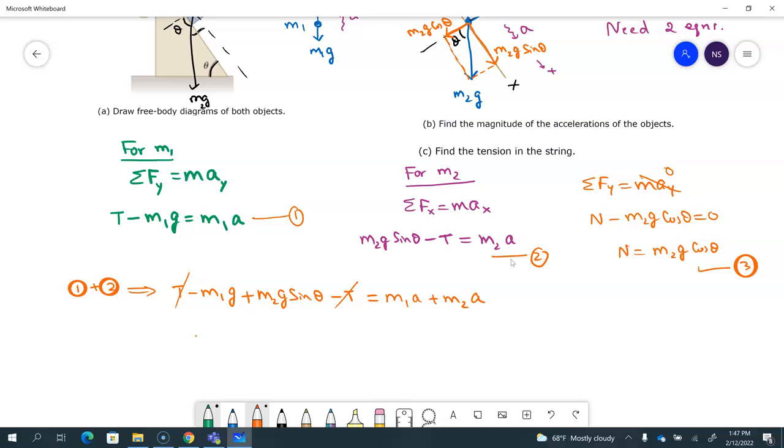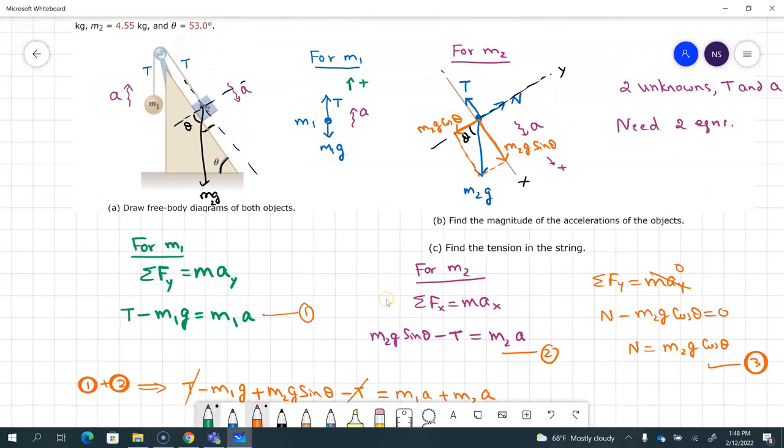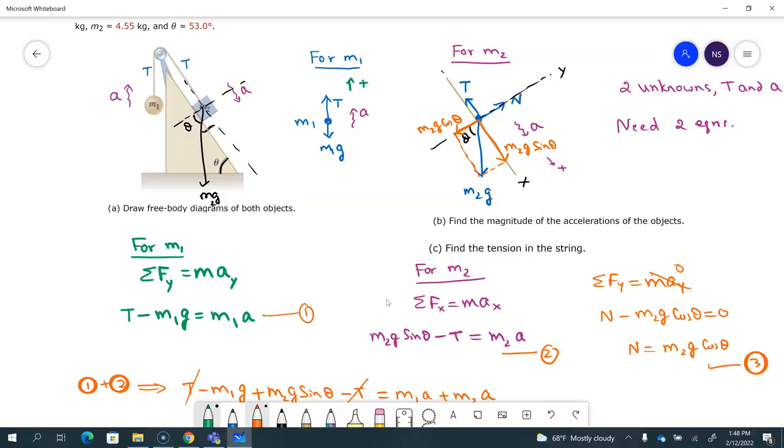So what I've got is m2g sine theta, this is the component of the weight down the incline, minus the component that's inhibiting the motion, that's the weight of m1, and that's equal to the sum of the masses m1 plus m2 times the acceleration. You see? And I just want to show you that we could have gotten to this equation just by looking at the system. If you see here, m2g is the weight downwards.